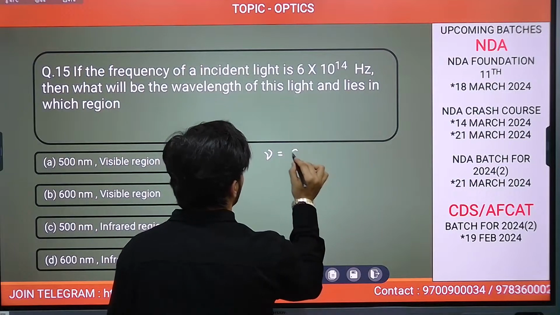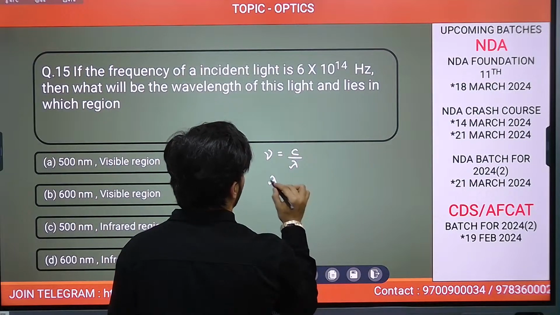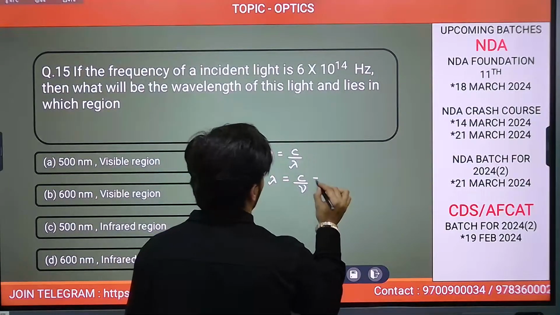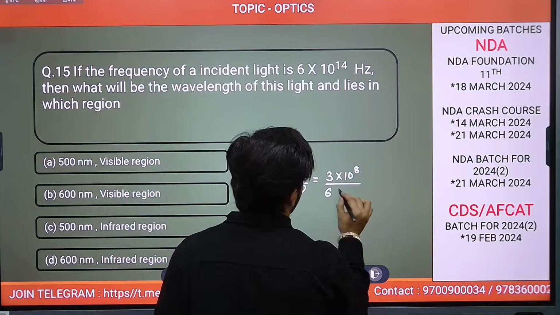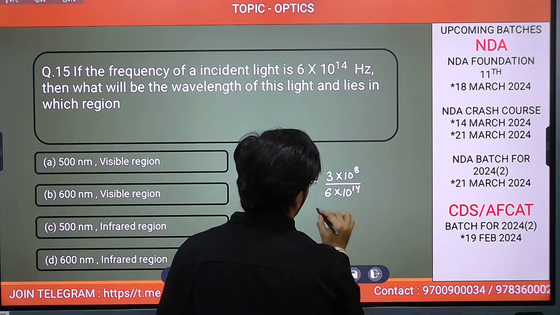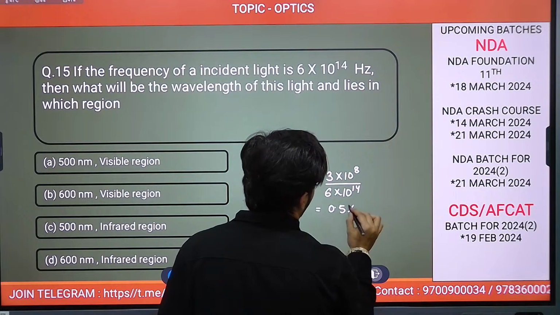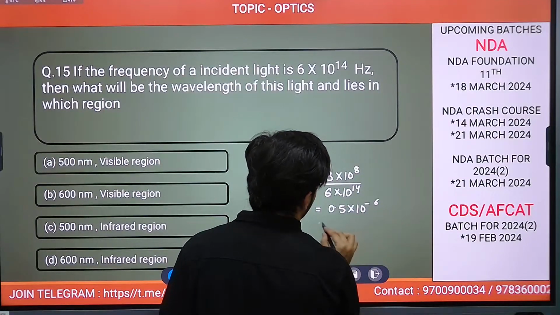Nu is equals to C upon lambda. Lambda is equals to C upon nu. 3 into 10 raised to the power 8, 6 into 10 raised to the power 14, 0.5 into 10 raised to the power minus 6.